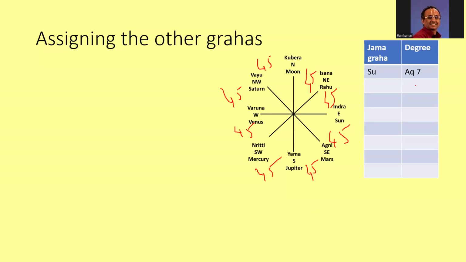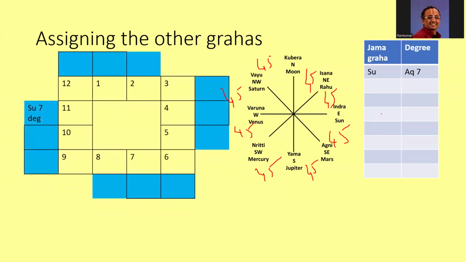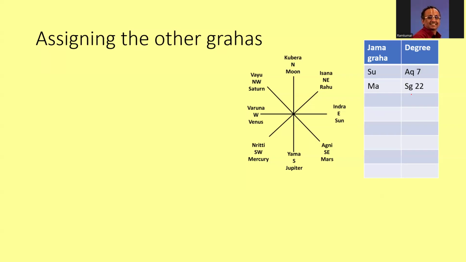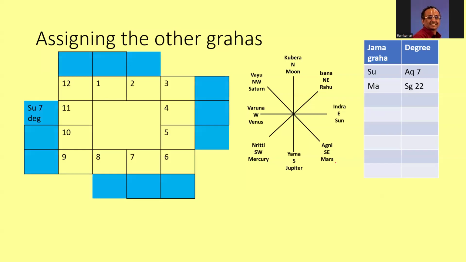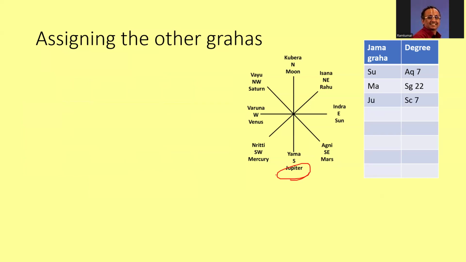So Sun minus 45 will give you Mars. Correct? So Mars will be at Dhanur 22. Then Mars minus 45 will give you the Jupiter degree. Then Jupiter minus 45 will give you Mercury. Mercury minus 45 will give you Venus. I'm not going to do the math, I'm just going to say it at a high level.